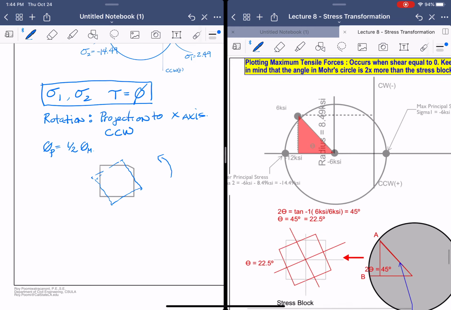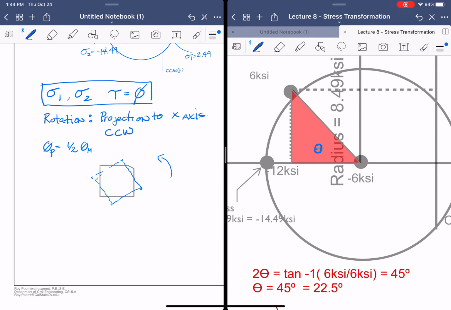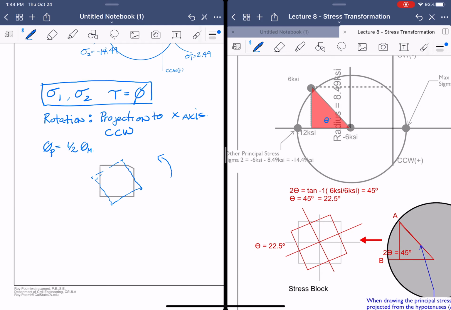Okay, and so right here, 2 theta is equal to tan negative 1 of 6 KSI divided by 6 KSI, which is equal to 45 degrees.